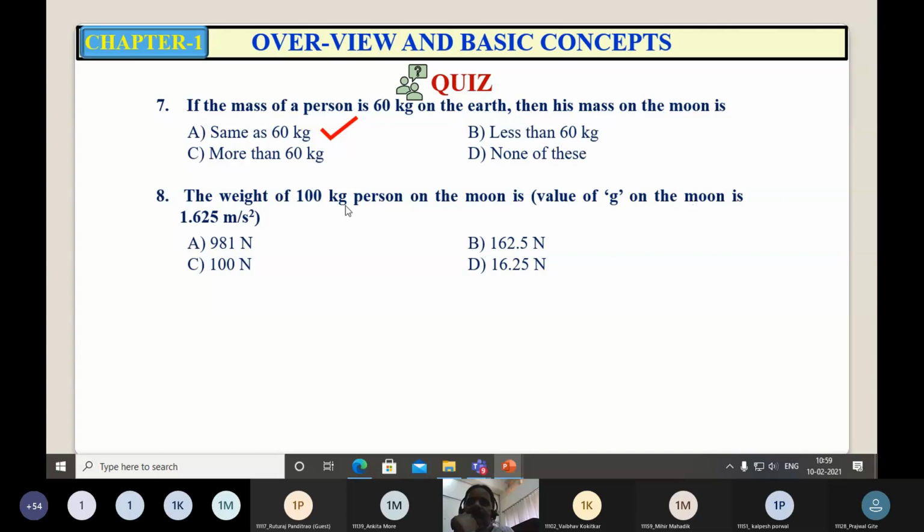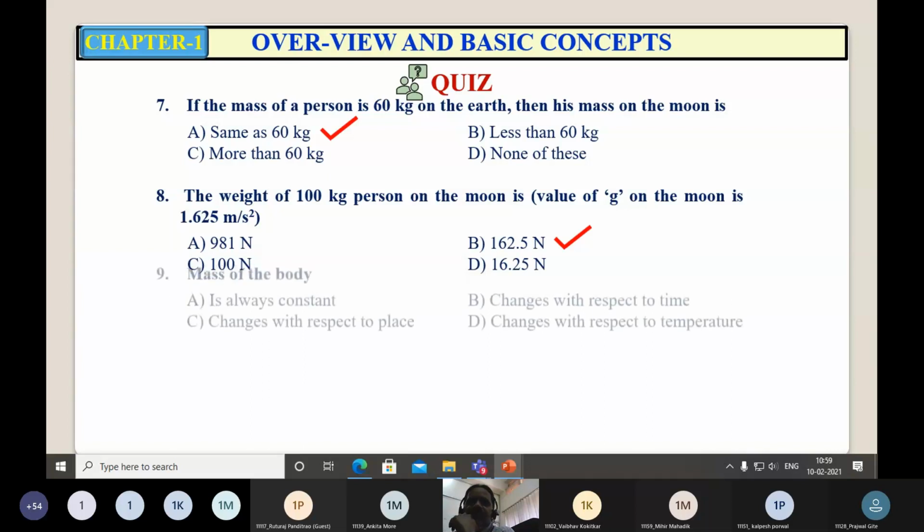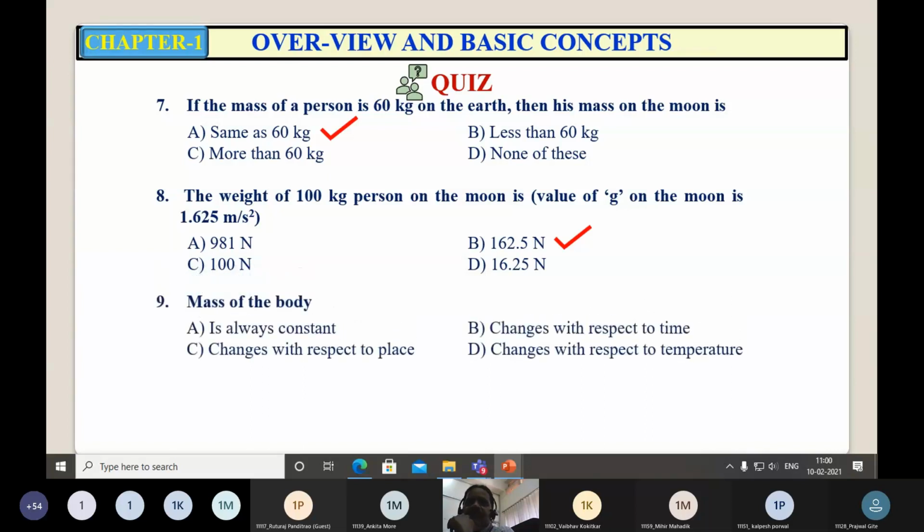Weight is equal to mass into acceleration due to gravity, 100 into 1.625, so 162.5 Newton. So the mass of the body is always constant; it does not change with time, place or temperature.